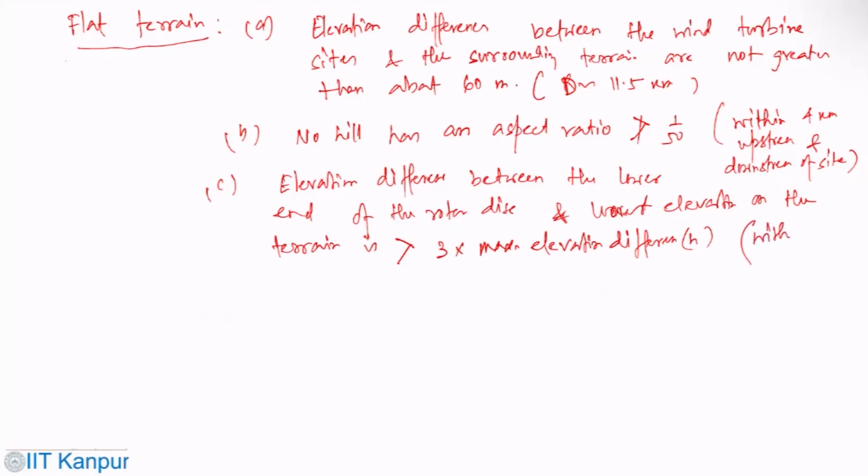So that is within 4 kilometer of upstream. So these are the conditions by which one can consider this to be a flat terrain.